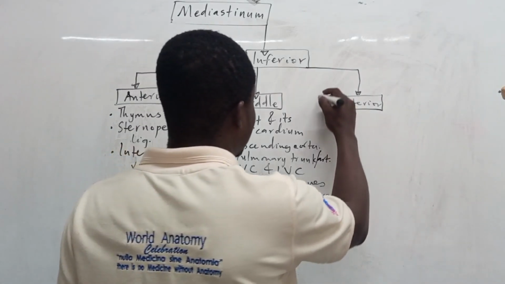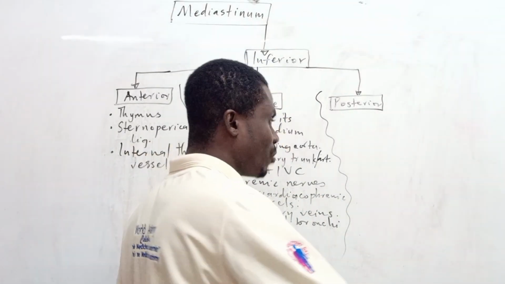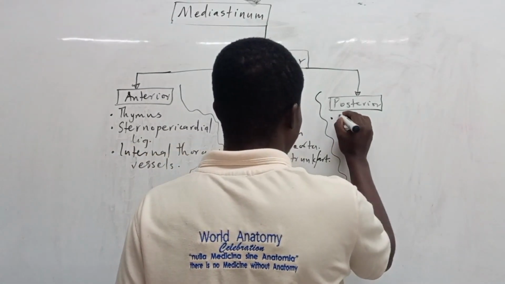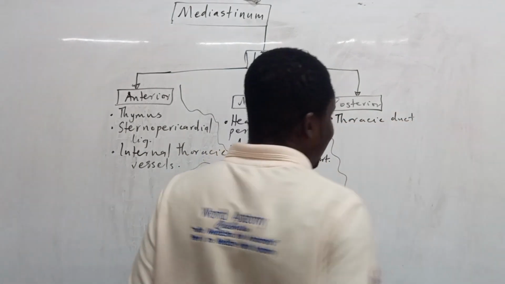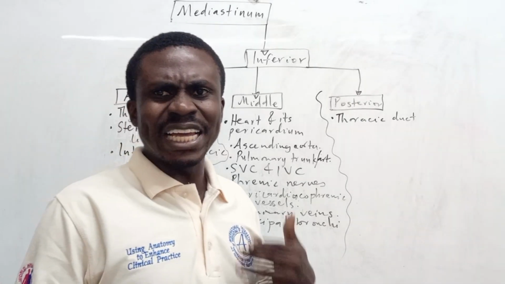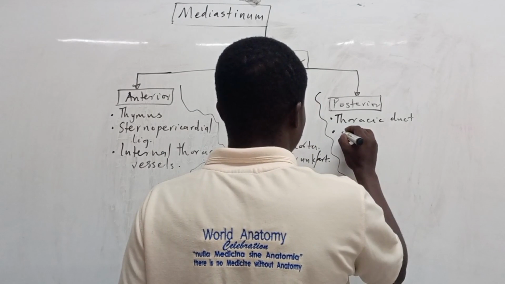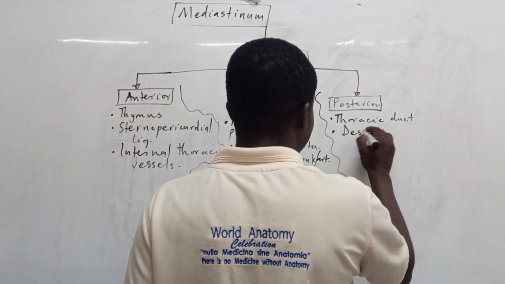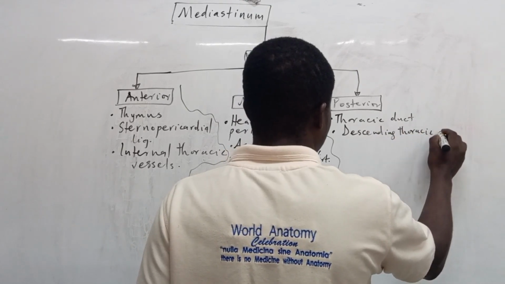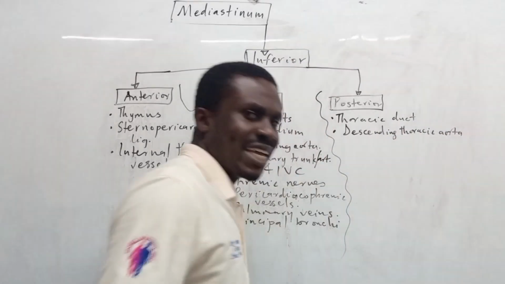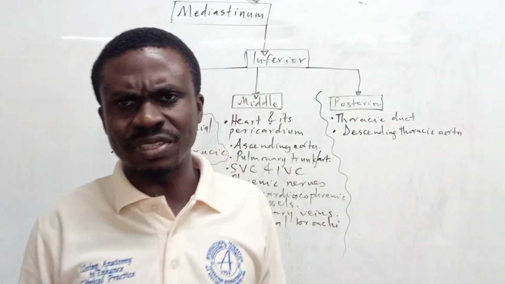Now, how about that of the posterior mediastinum? I've mentioned one to you already, the thoracic duct. Usually there's a mnemonic for it, like something like dates. So if I mention thoracic duct, we have the descending thoracic aorta also in there, together with, of course, its branches.